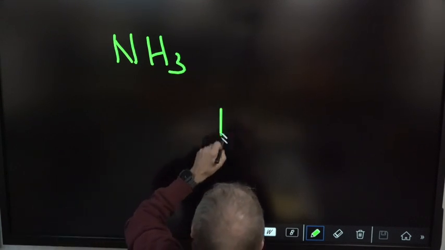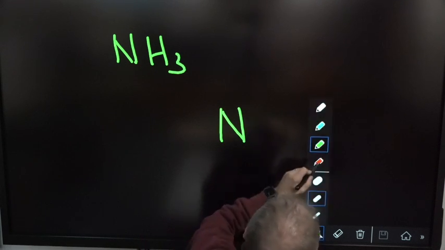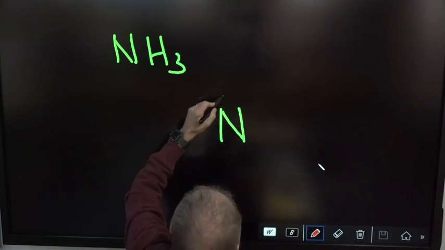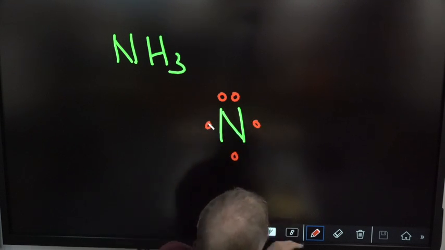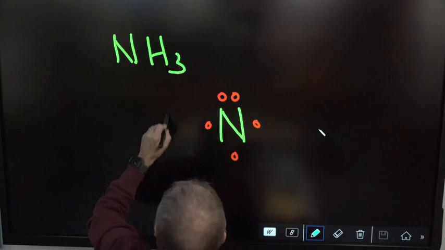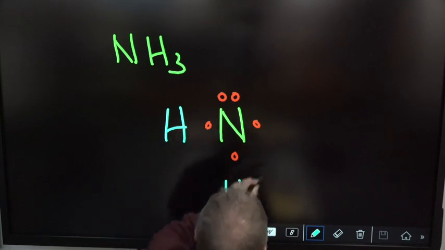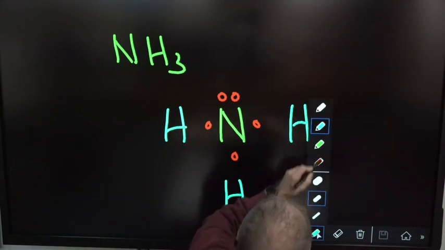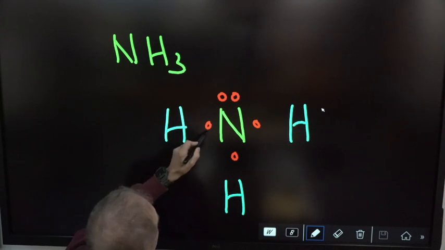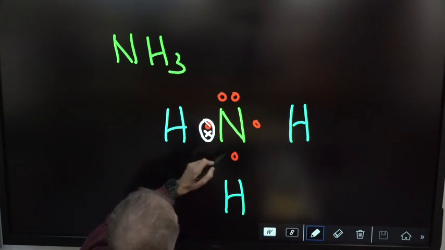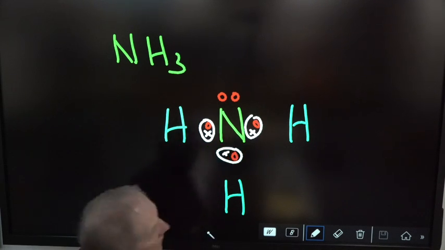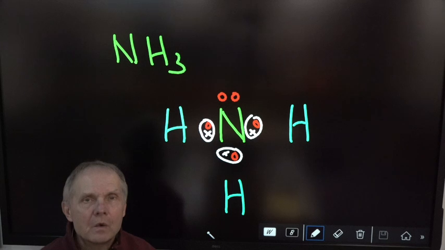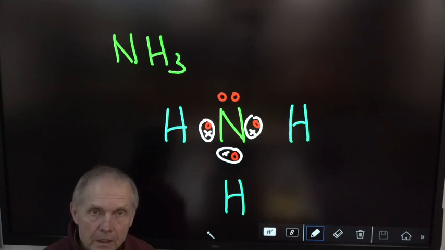So let's do it. So we have an N, and then we have a pair there, single, single, single. Then we're going to put the H's around it. H, H, H. And then we're going to see that the pair of shared electrons is closer to N. Well, why would that be?